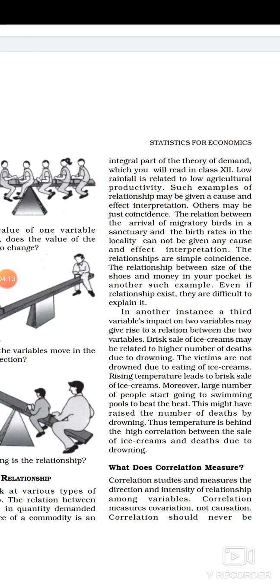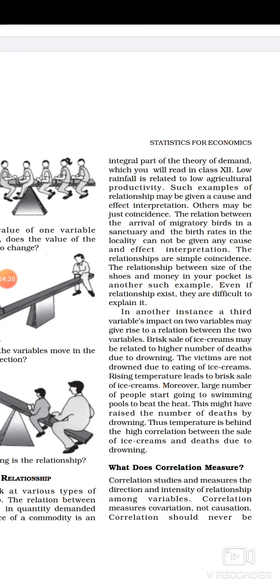Moreover, a large number of people start going to swimming pools to beat the heat. This might have raised the number of deaths by drowning. Thus, temperature is behind the high correlation between the sale of ice creams and deaths due to drowning.